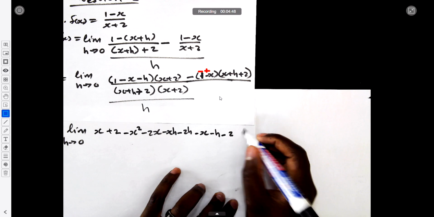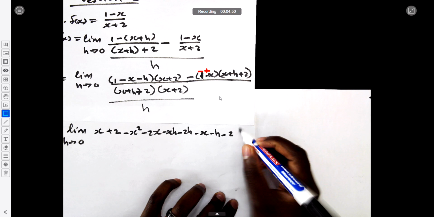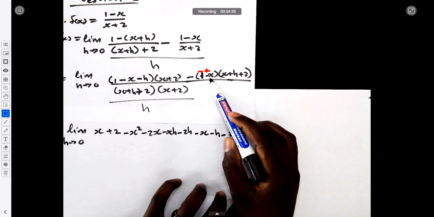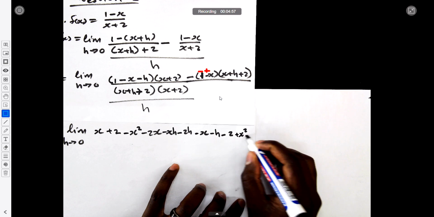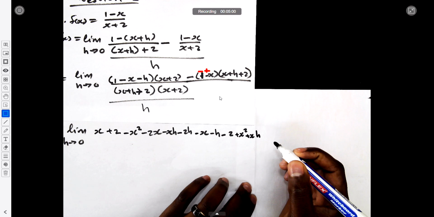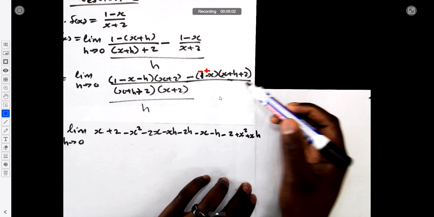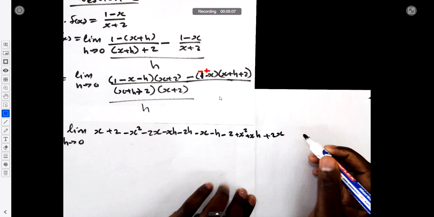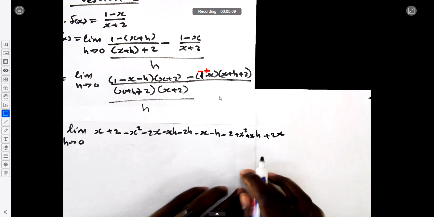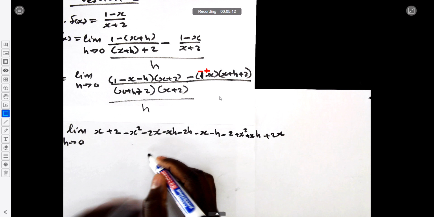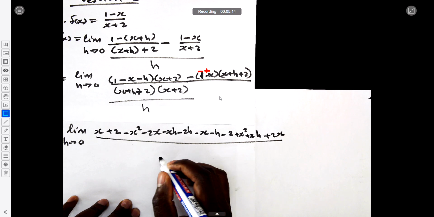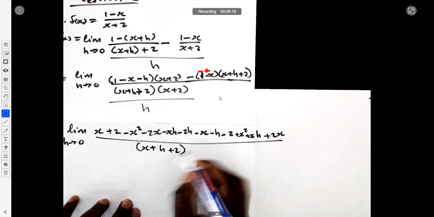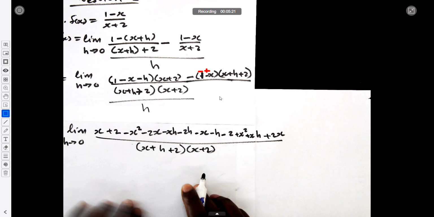So moving on, positive x times x is going to be x squared, and then positive x times h is plus xh, and then positive x times 2 is 2x. Then I think we have all the terms that we're supposed to have. And all divided by, now our denominator still remains the same, x plus h plus 2 multiplied by x plus 2.